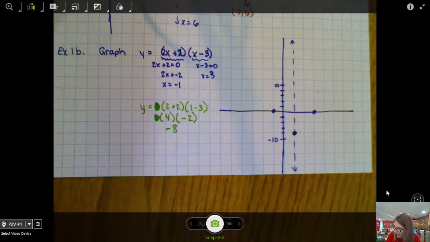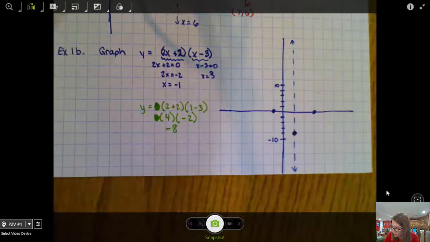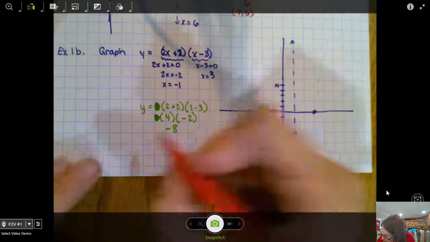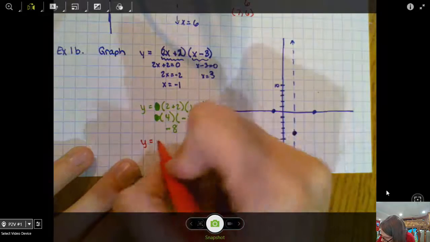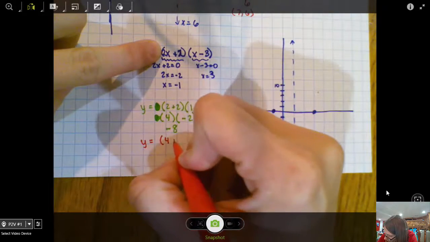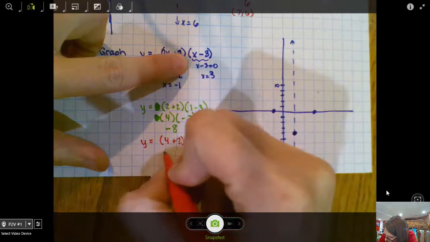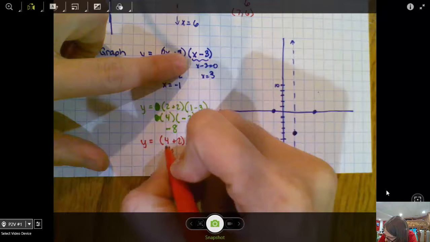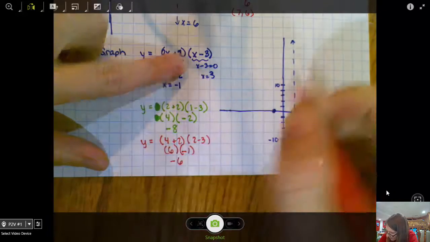So we could plug in 2 as the next value. Right here, 2 times 2 is 4, plus 2, times 2 minus 3. 6 times negative 1 is negative 6.